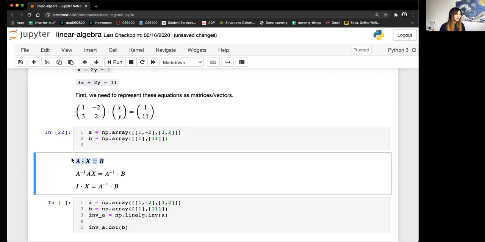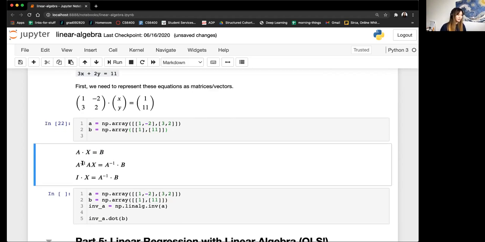Given this, how can we move our A over to the B side, or how can we just isolate x on one side? In normal algebra, we would do a division, but we can't divide matrices. Therefore, we make use of the inverse. What we're doing here is left multiplying the inverse to both sides of the equation.